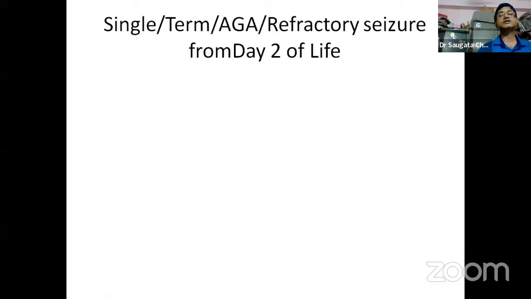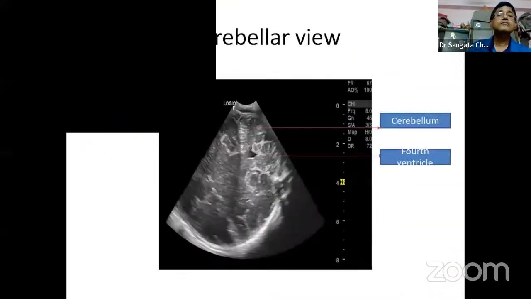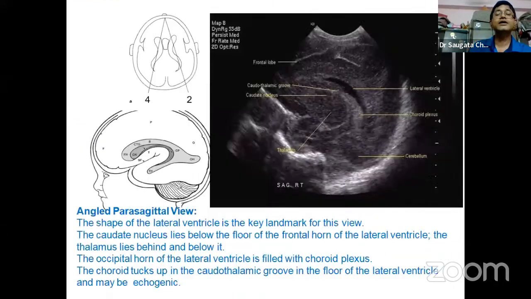Choroid plexus is visible here in these C4 views, as well as in the parasagittal view. This is the choroid plexus. And this group, this is the caudothalamic groove. The bleed occurs at the caudothalamic groove.